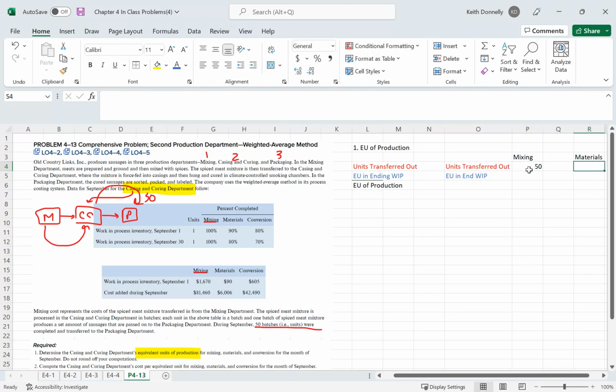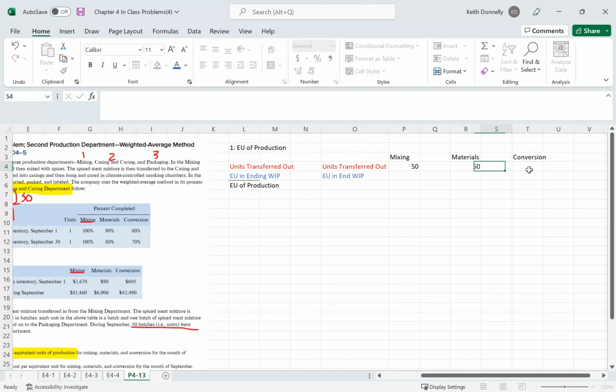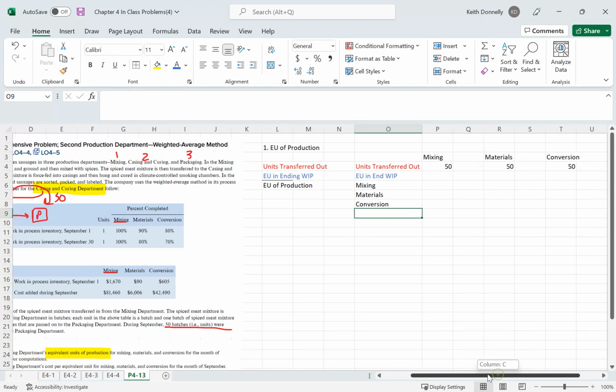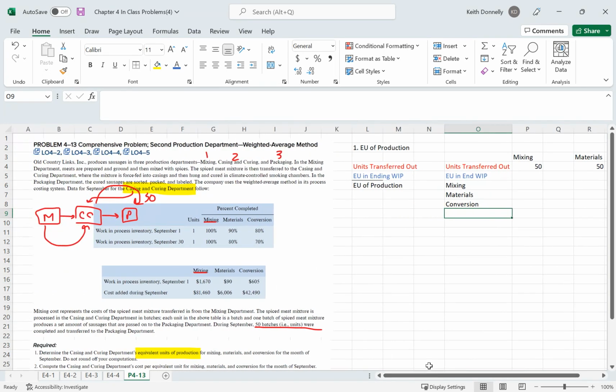So 50 batches or 50 units. That's what we transferred out. Now we have to look at the equivalent units in our ending WIP, which are going to be comprised of our mixing, our materials, and our conversion costs over here. So we're going to use the information from this guy to help us here.